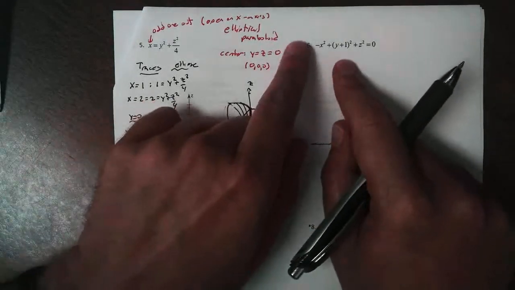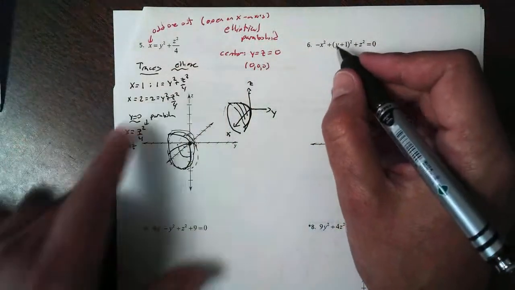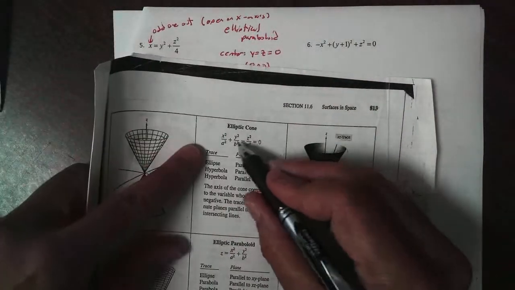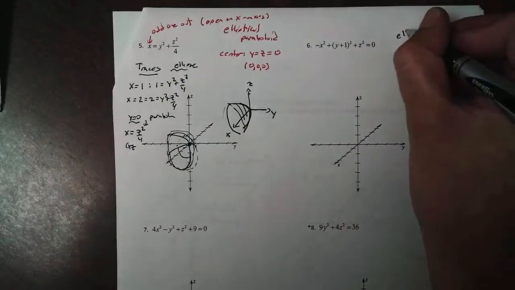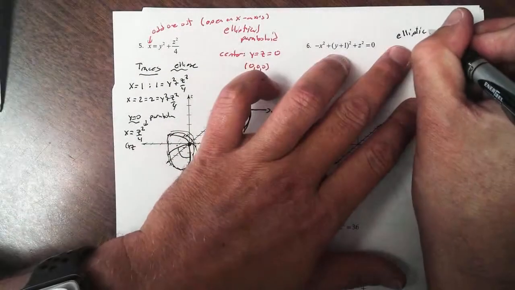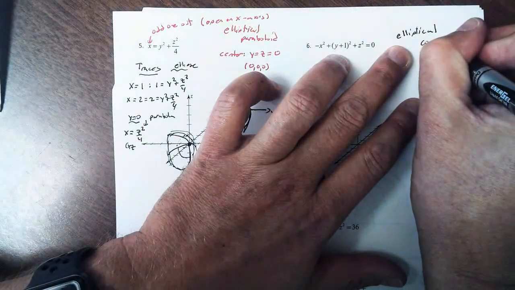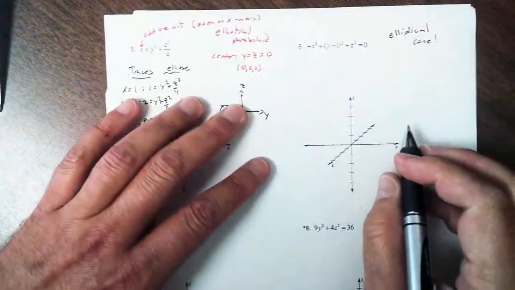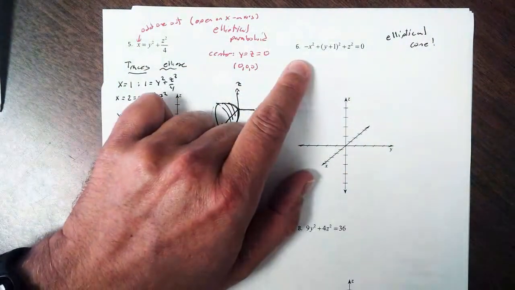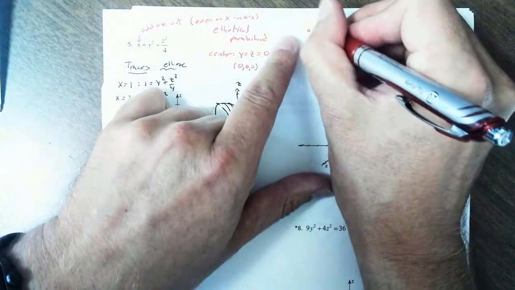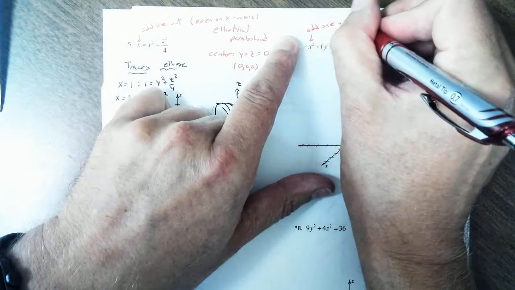Alright, the next one is similar to this one, except they're all being squared and it's equal to 0. This is my elliptical cone. So which one's going to be my main axis? I look for the odd one out. So this is my odd one out.